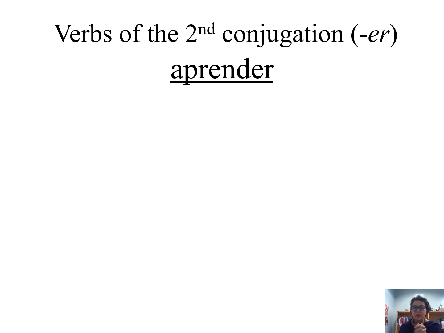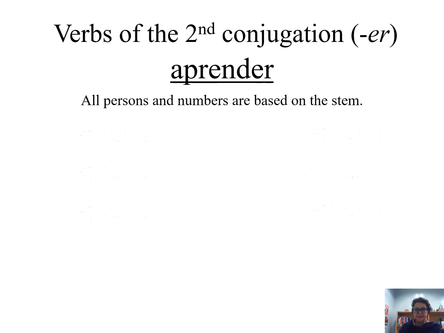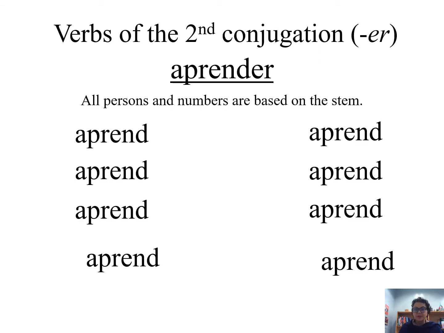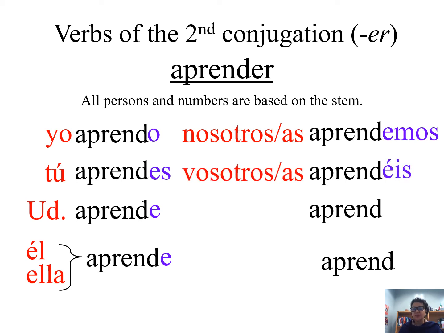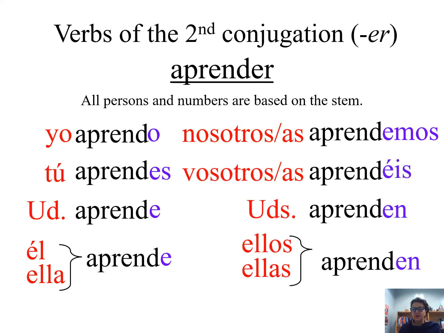So let's see how we're going to conjugate the verb aprender. We need to know persons and number are based on the stem, okay? So we're not going to change the stem. We're going to change the endings. But let's start with the yo, o, tú, es, usted, él, ella, nosotros, nosotras, emos, vosotros, vosotras, éis, ustedes, ellos, ellas, en.